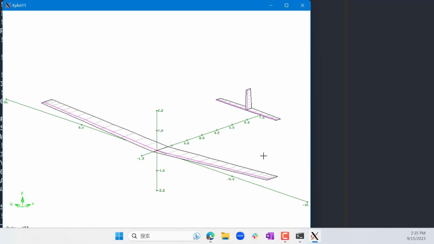It's appropriate to normalize by the span. Let me ask you, which moment does not make sense to normalize by the span? Which moment doesn't want the left wingtip and right wingtip to do opposite things?